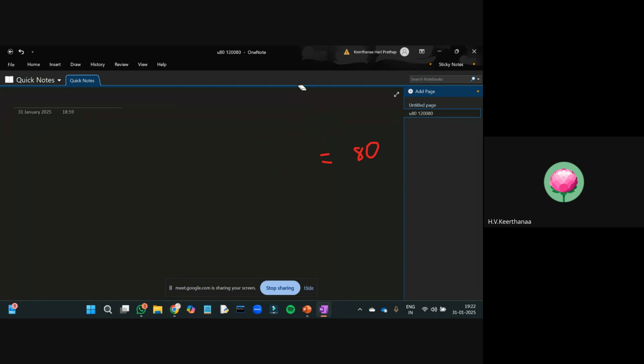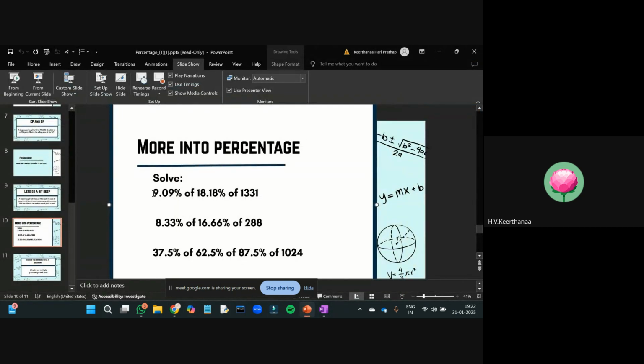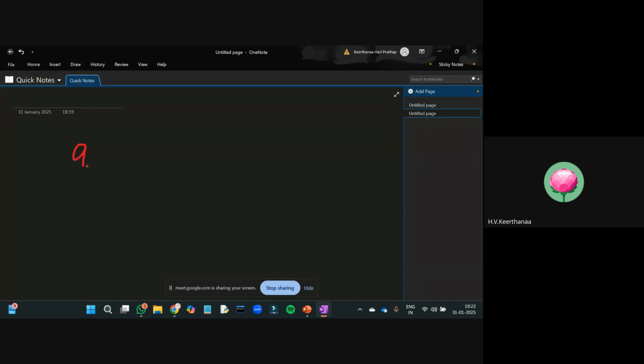So if you try to solve it the normal way, that is 9.09 of 18.18 of 1331, it looks like a pretty tough question because it involves a lot of decimal points.